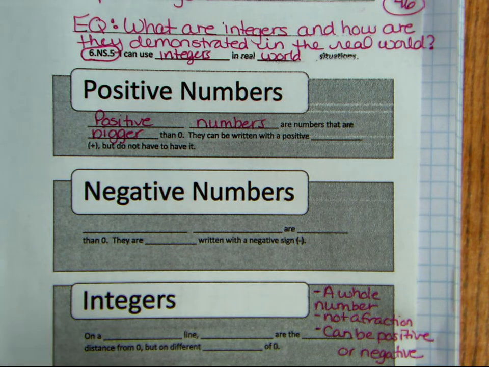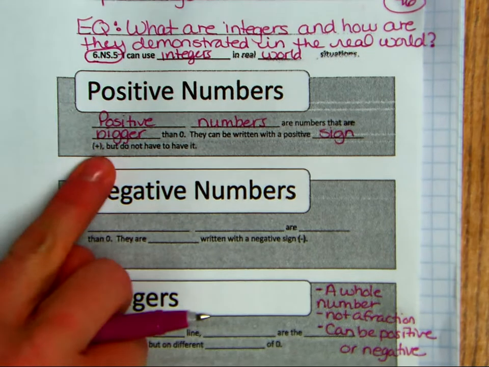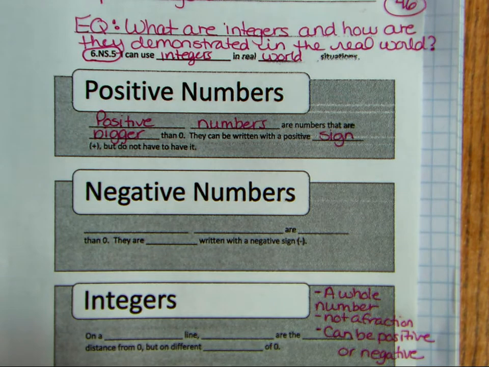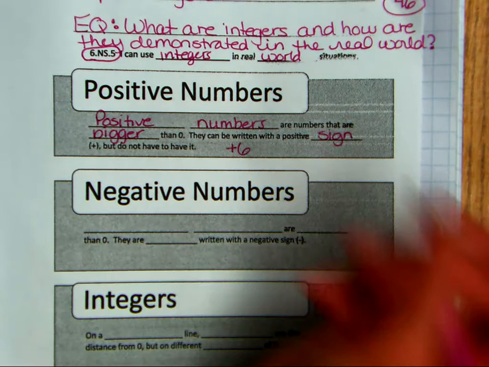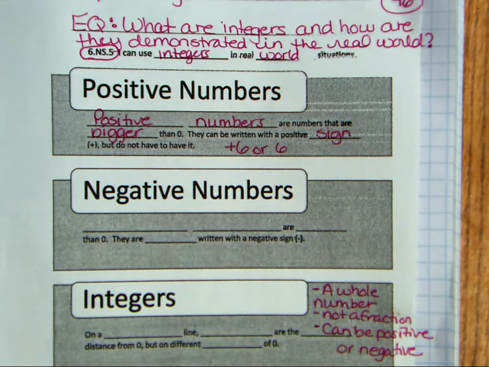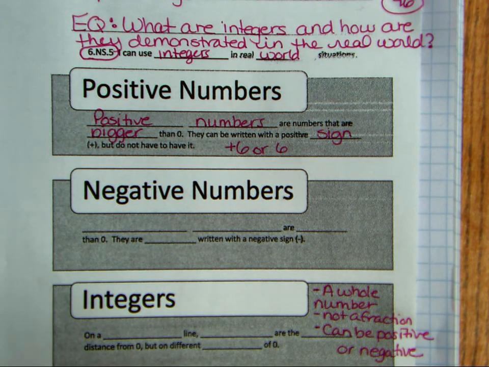When you write a positive number, you can write it with a positive sign, or you don't have to write it with anything. So you could have a positive 6, or you could have a 6. Either would mean the same thing. They both mean positive 6. I typically don't use the plus sign in the beginning unless I really must, because to me it just confuses me because I think it's an addition sign. So it's up to you what you want to do.